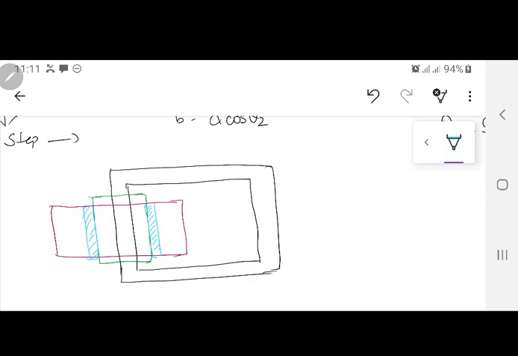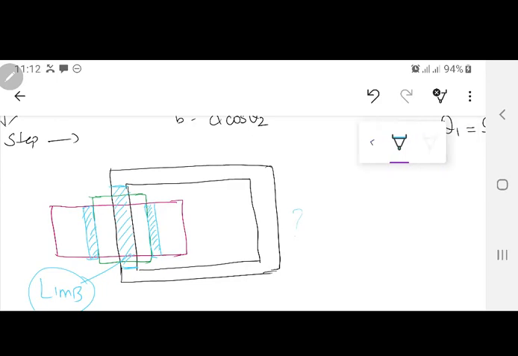So this region from here to here, which I am again making shaded, is called the limb of the transformer. Limbs are those parts on which the windings are erected. I have not drawn the other phase here. You can draw it yourself.